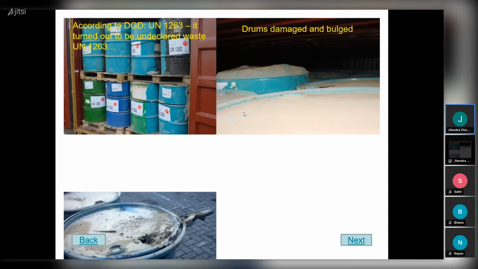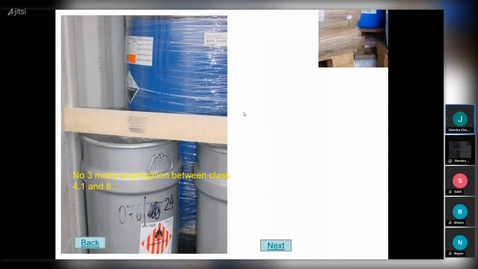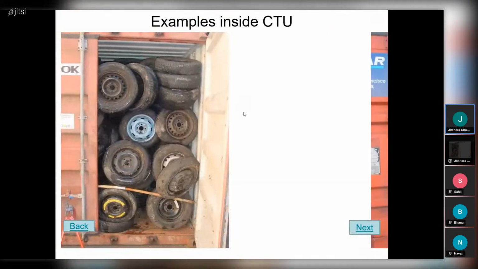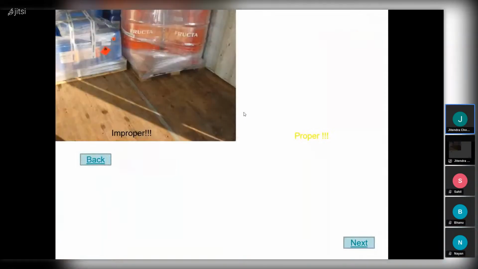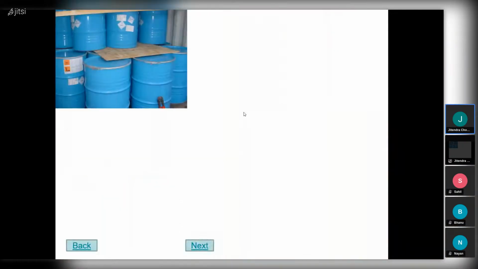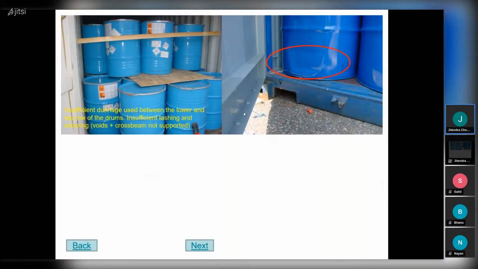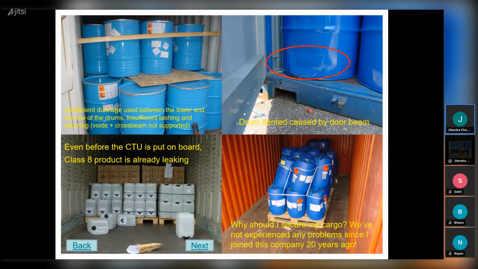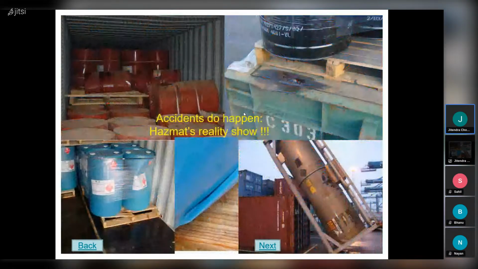So these are the photos of damaged and improper loading, segregation and damages. Leaking containers. And because of the leaks, accidents happen. That's why the IMDG code is made.